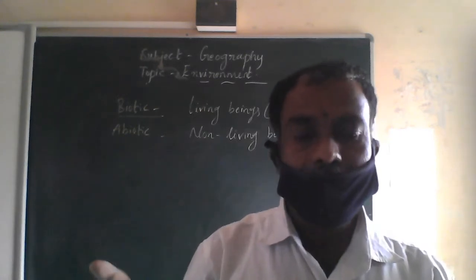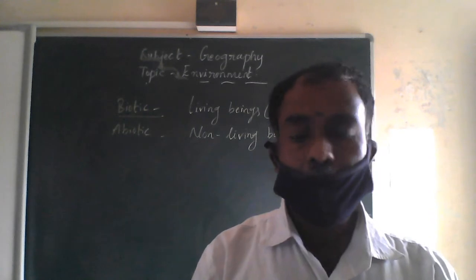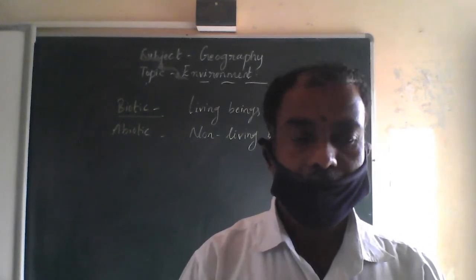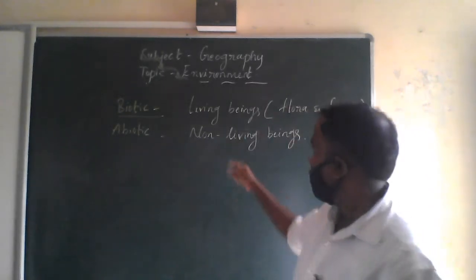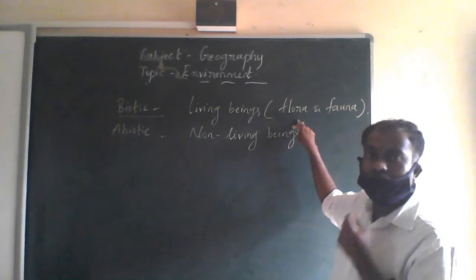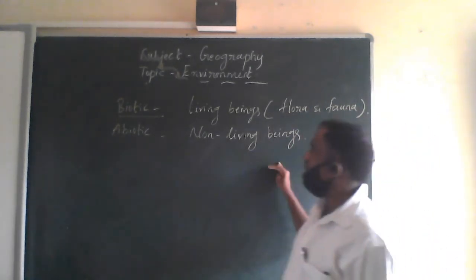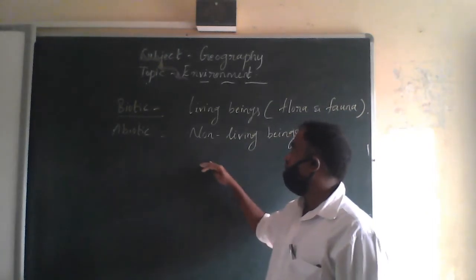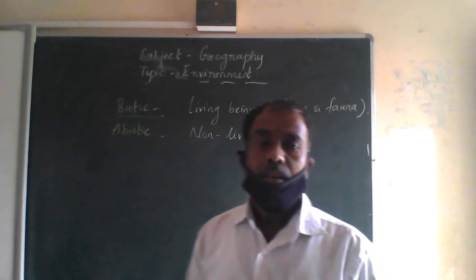Biotic is derived from the living beings, including all natural vegetation and what we call wildlife, the flora and fauna, and abiotic is all non-living beings. Is it clear?